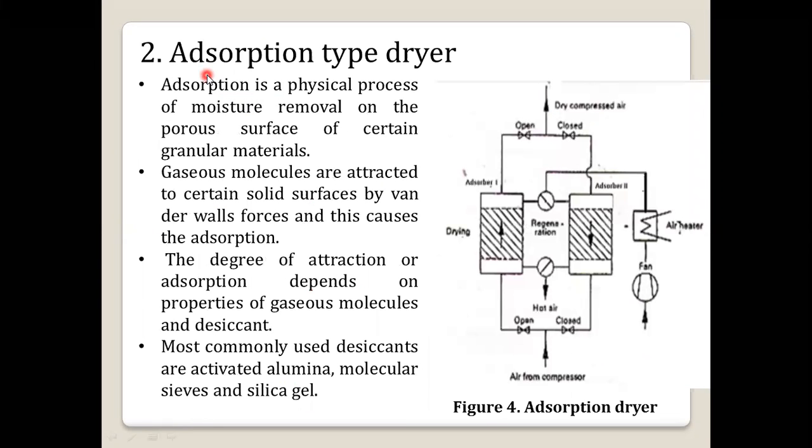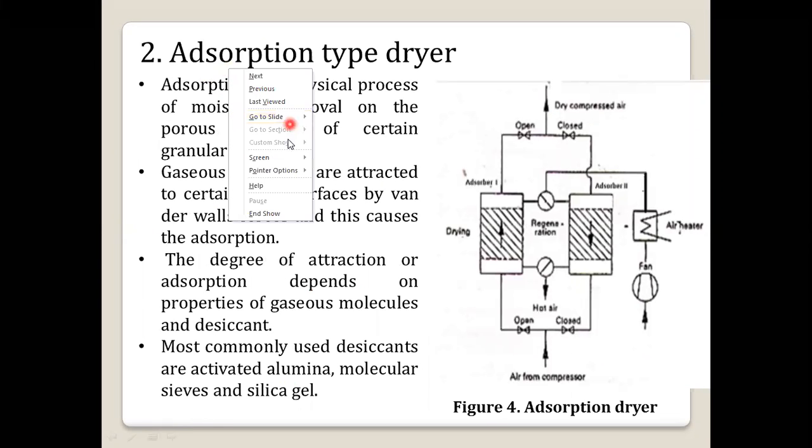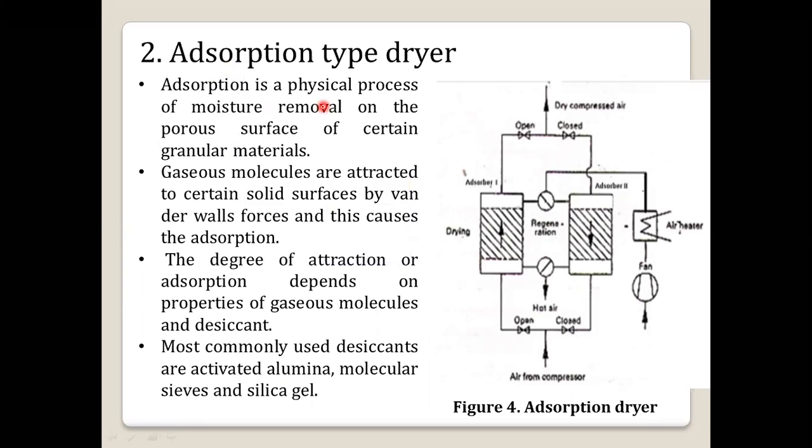Then the second type is the adsorption type. In the adsorption type, the moisture removal is on a porous surface, done by granular materials. The gaseous molecules are attracted to the solid surfaces by van der Waals forces, and this causes the adsorption.